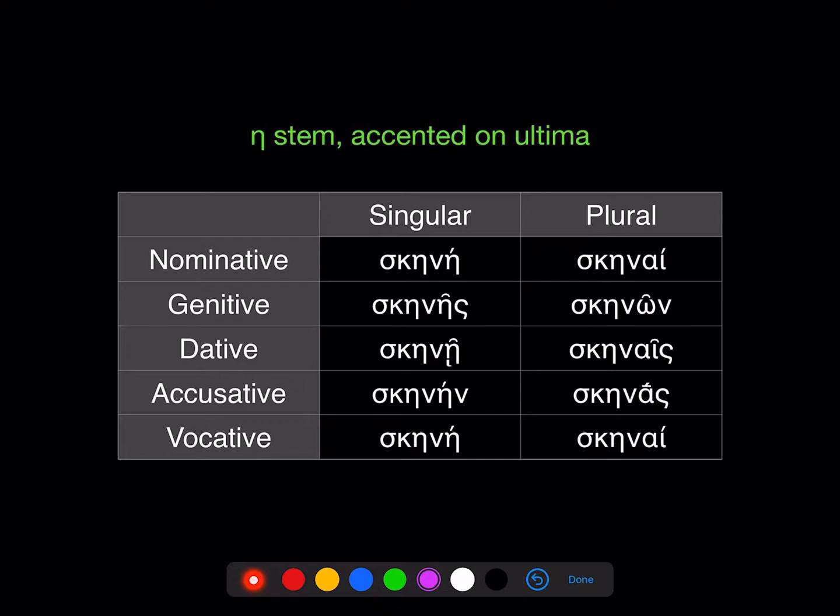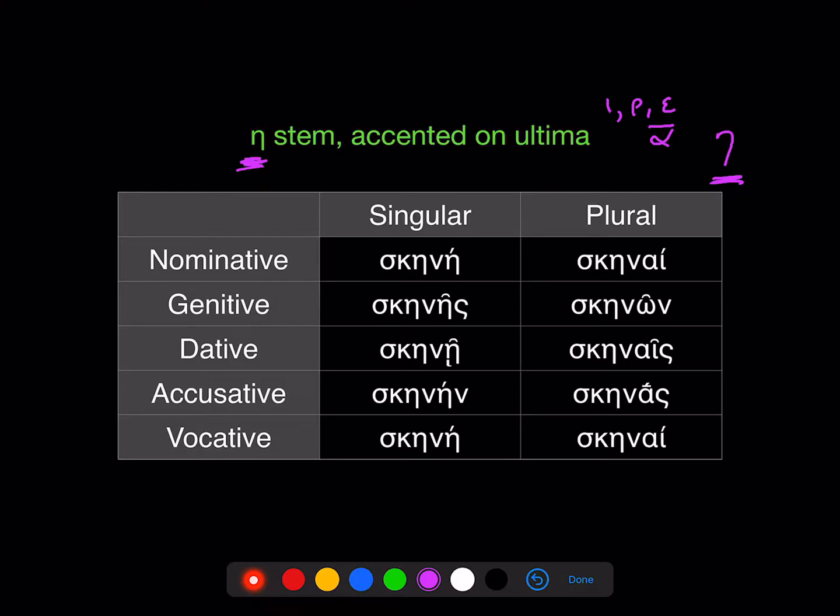All right, so here's another kind of first declension noun, another subgroup of this family of nouns, and this is an eta stem. And it's going to work pretty much like the ones we've just seen, except instead of having the long alpha, it has an eta. Okay, you see the long alpha after iota, rho, and epsilon, and the eta after other letters.